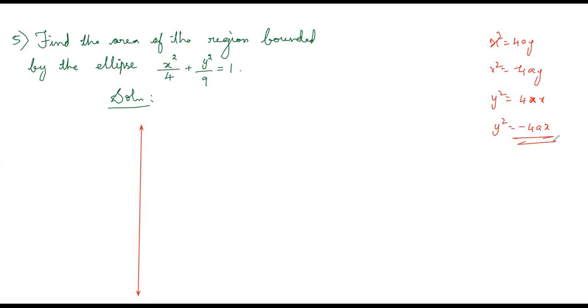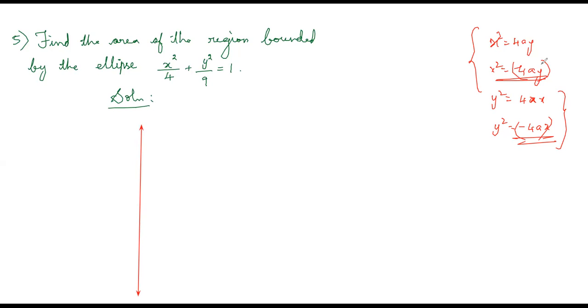When x square is equal to 4ay, it is symmetric about y-axis. And when y square is equal to 4ax, it is symmetric about x-axis. When you have a minus, it is open left.